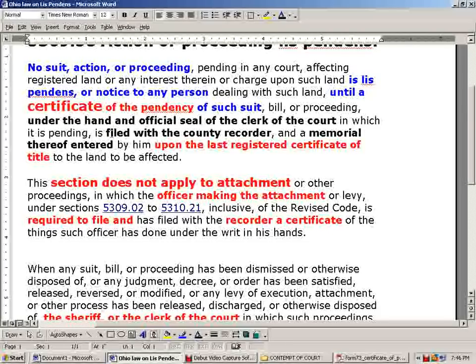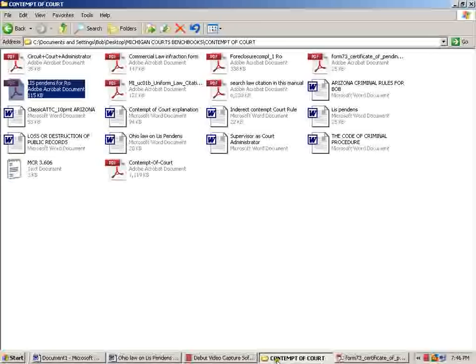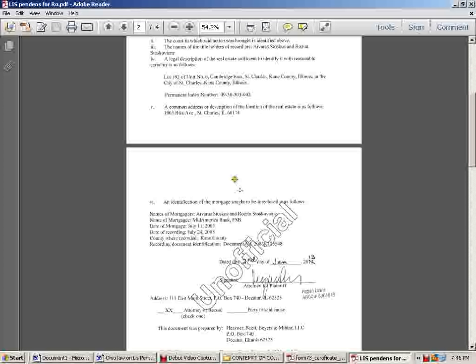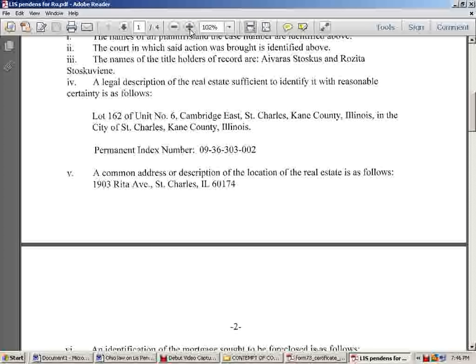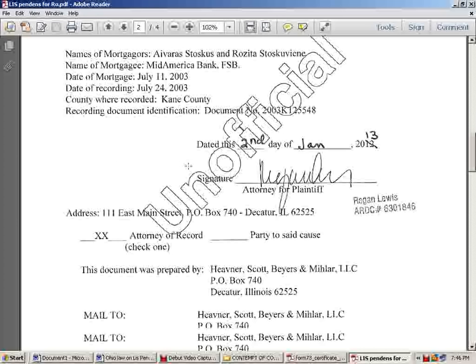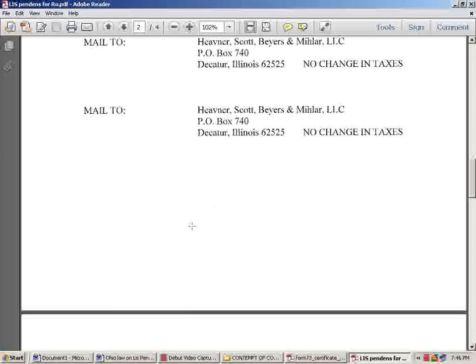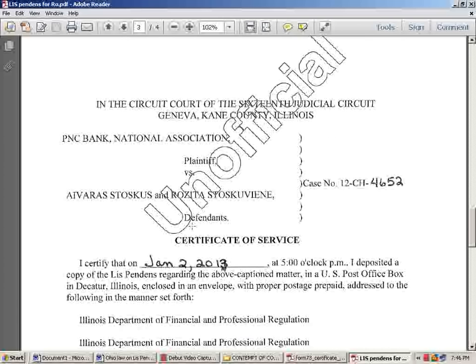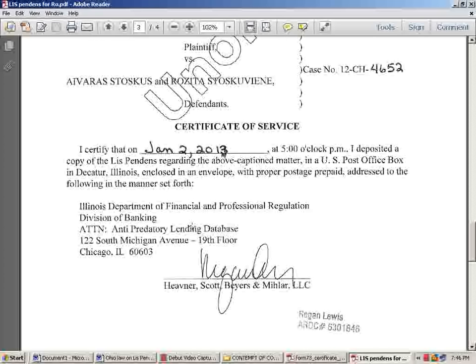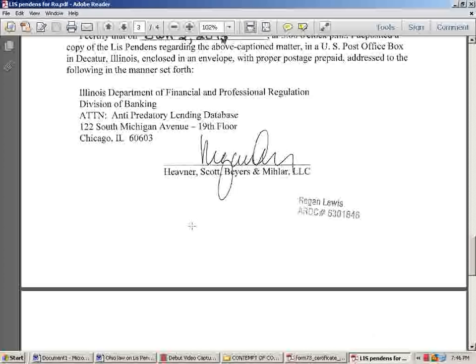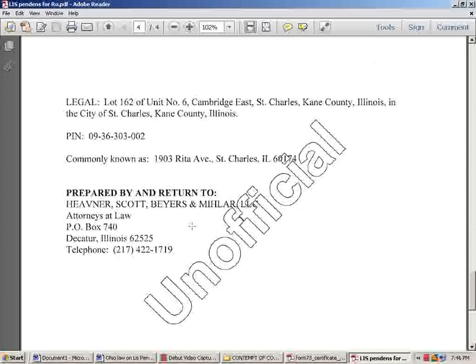Now if we go back and look at it, I don't see, I'm not seeing anything to do with any court clerk on this paperwork.